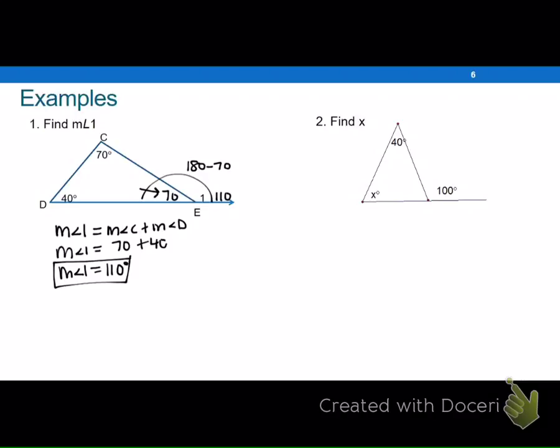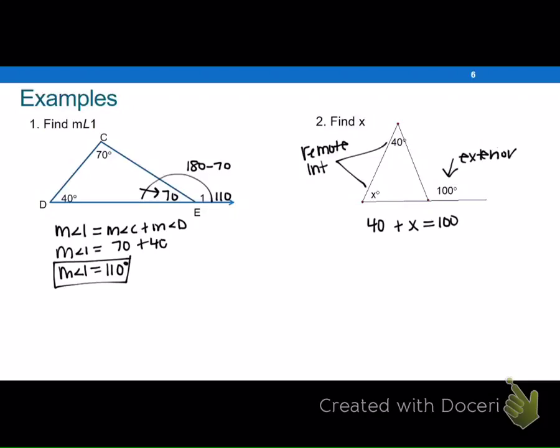All right? So, what is the measure of x? What would we do here? We know that 40 plus x should equal what? 100, because these are the remote interior angles. And then this is the exterior, yes.